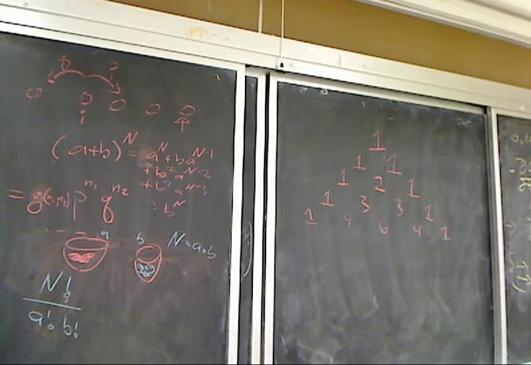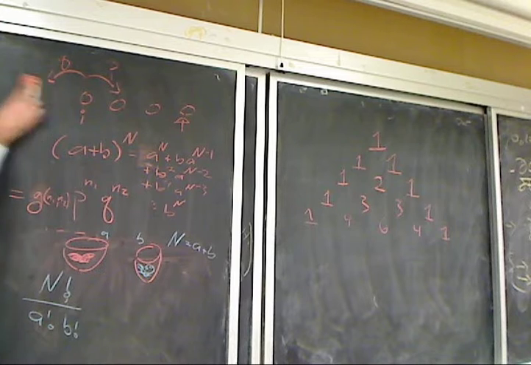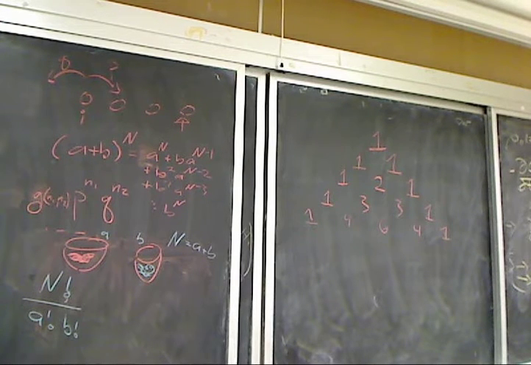So there's a way that we write this down. (A plus B) to the N is the sum, going from little n equals 0 to big N, of A to the n, B to the big N minus little n. And then we have to count.